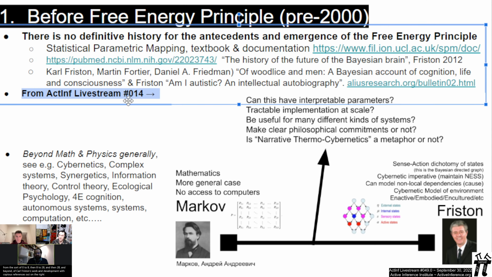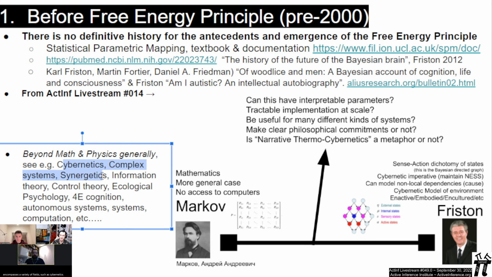On the right is a slide from Livestream 14, where we explored just one aspect of tracing the thread, which was from the analytical formalizations of, for example, Markov in terms of statistics and matrices, all the way on through Pearl and the computational implementation of Bayesian statistics, on through to modern developments that integrate those kinds of Bayesian formulations of statistics with action, which encompasses a variety of fields such as cybernetics, complex systems, synergetics, information theory, control theory, ecological psychology, 4E cognition, extended, embodied, etc., autonomous systems, and all other types of frameworks.